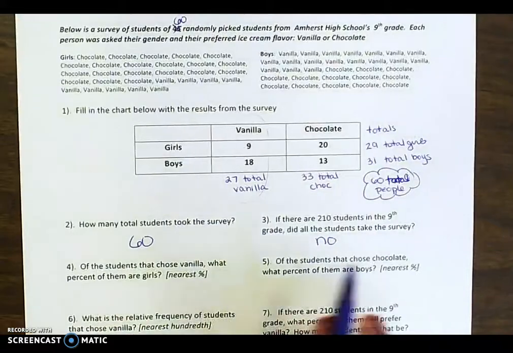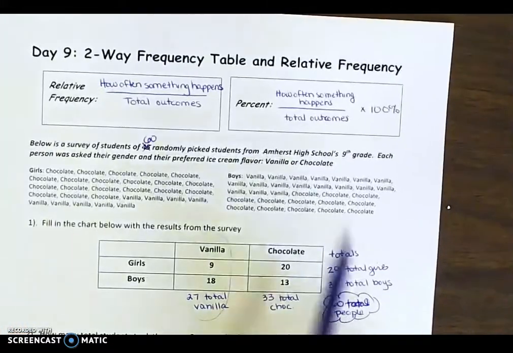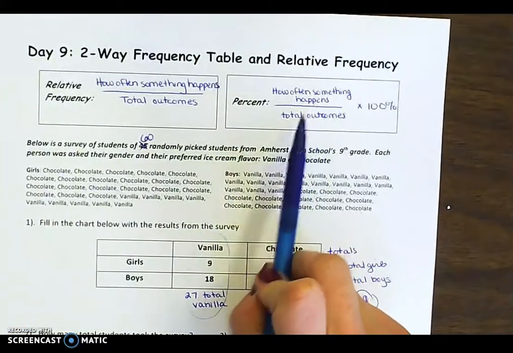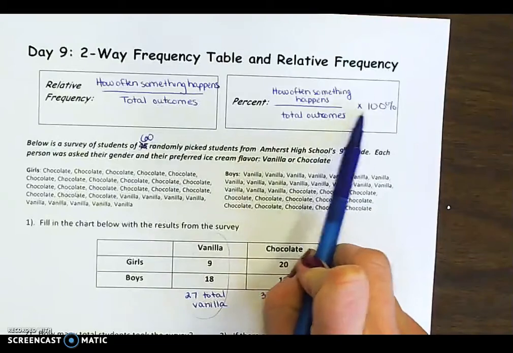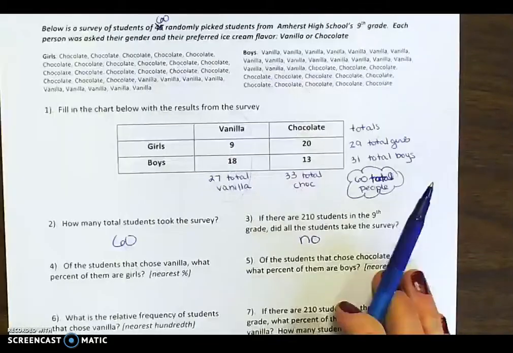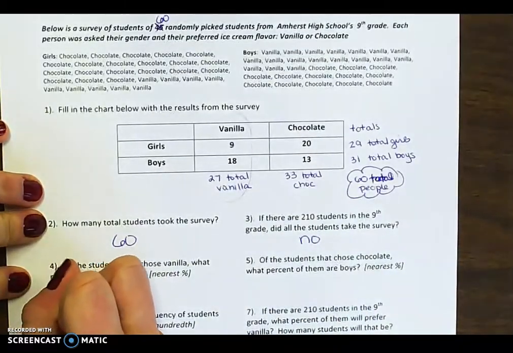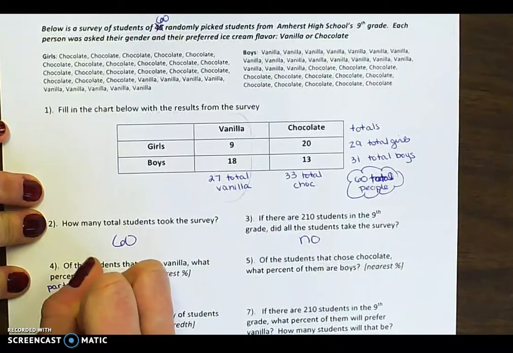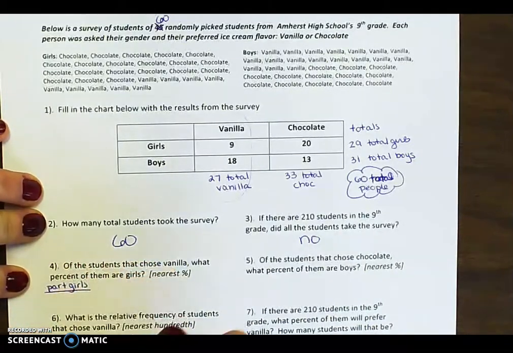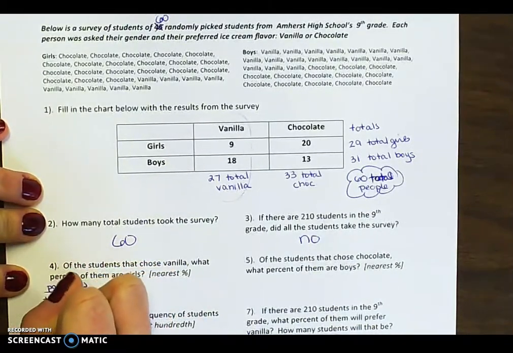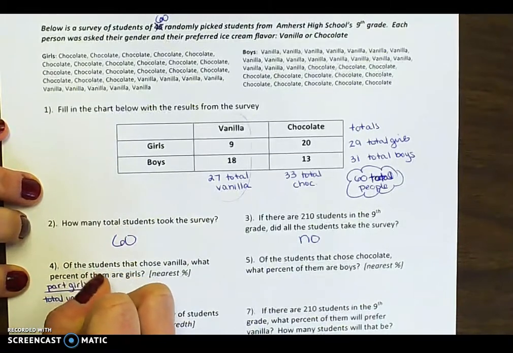So let's take a look. We have to remember our percent: how often something happens over total outcomes times 100%. So what part are the girls? That's going to be over your total vanilla.